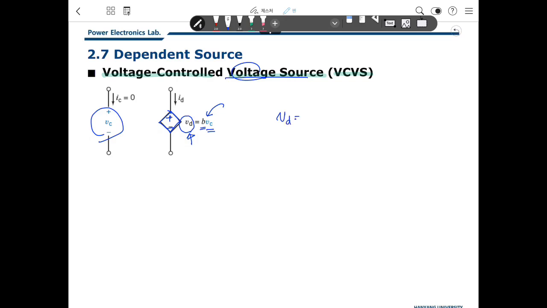So VD is the other control value VC times B. You can say B is the gain of VCVS. So B is VD divided by VC. This is voltage divided by voltage.